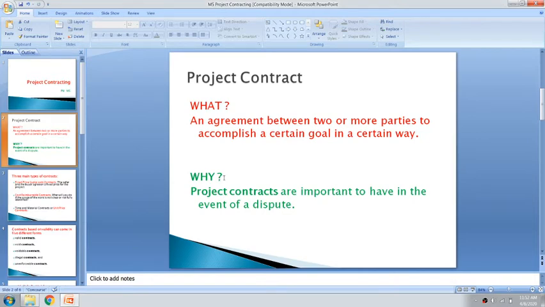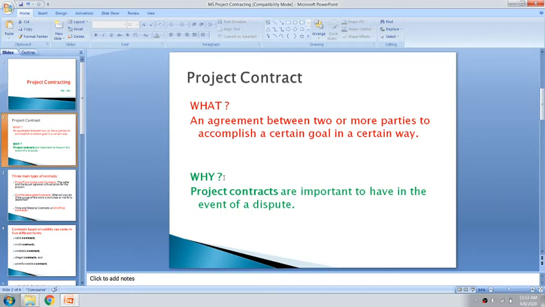When you execute any work on a contractual basis, there is a possibility that there can be misunderstanding and dispute at a later stage. So in order to avoid any kind of misunderstanding and all kinds of dispute, a project contract is a must.